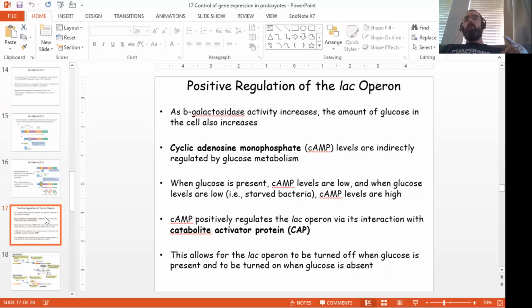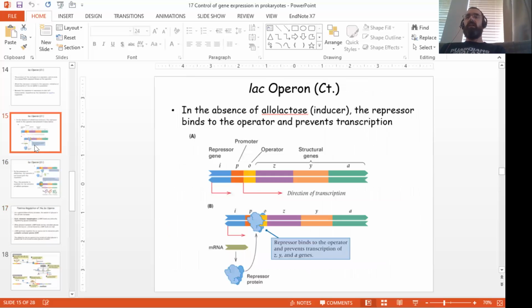And so what we're going to do with the lac operon is have an extra fine control dial, essentially, which is going to be boosted by the presence of cyclic AMP, right? As cyclic AMP is high, that tells the cell that glucose is low.